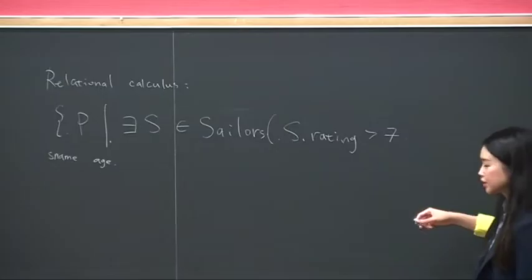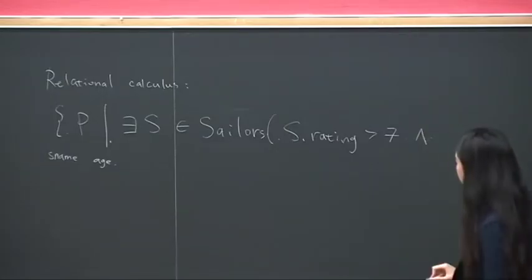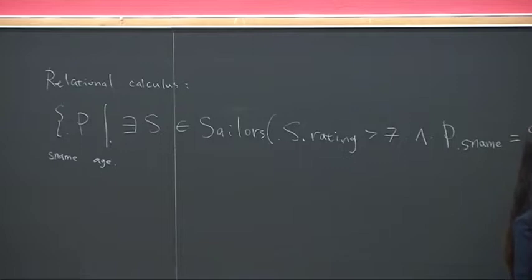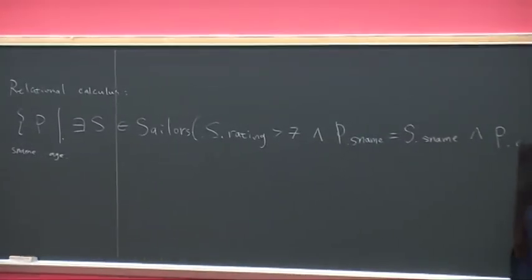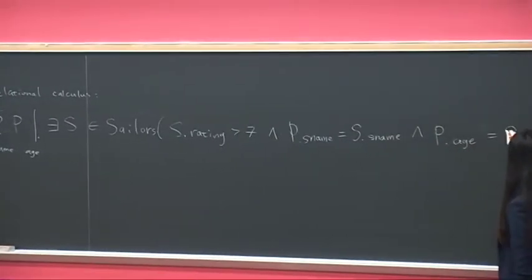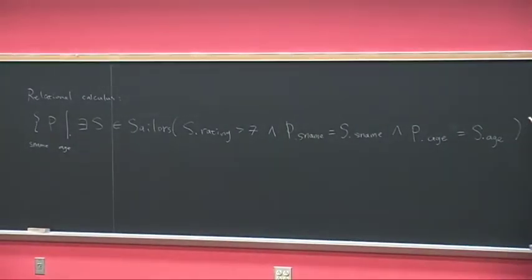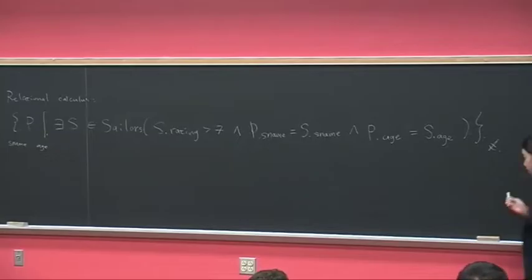They come from S. So what we can do is simply say P.sname equals S.sname, by simply putting equal to and keep going. And P.age will be equal to S.age. And close the criteria with another parenthesis. Close the whole formula, you close the braces. So that's how you will work on relational calculus.